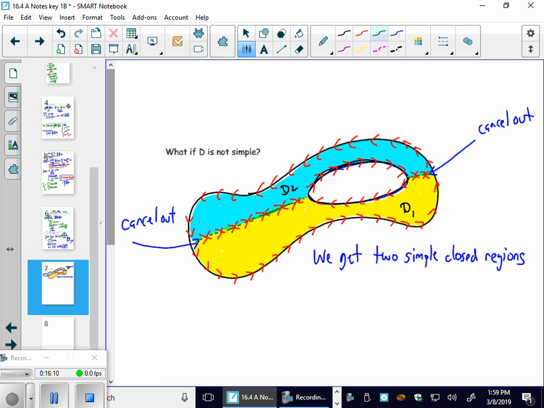And the ultimate takeaway from all this is that Green's theorem will still hold true. So if we have a non-simple region, we can create those imaginary boundary lines, and then when we traverse those things using two separate Green's theorem integrals, the two boundary lines are going to cancel themselves out. And then we would add the two together, and we would get the line integral over that region, even though it is not a simple closed region.